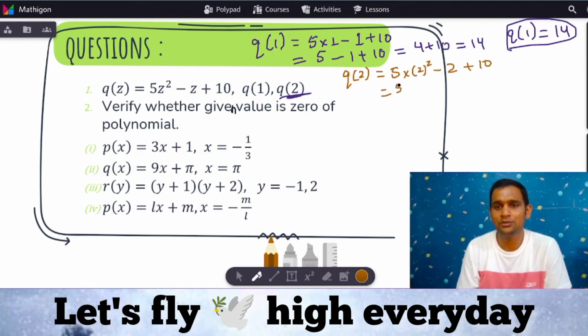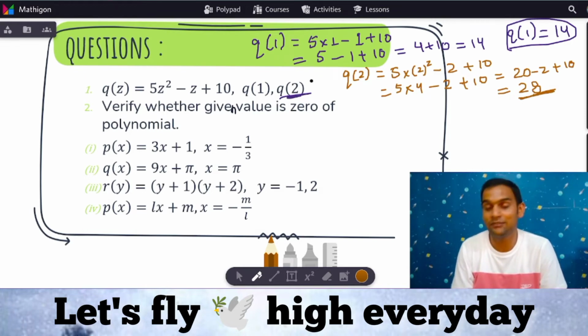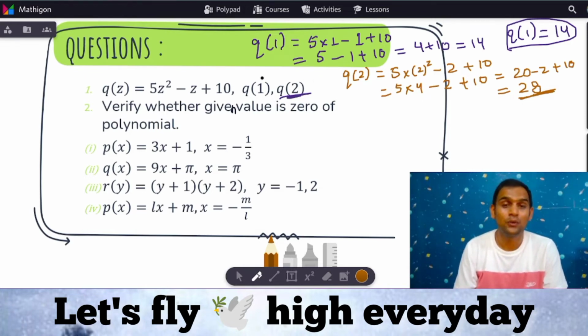So 5 times 2 square is 4, minus 2 plus 10. That gets us to 5 4s are 20, minus 2 plus 10. Obviously 20 minus 2 is 18, plus 10, 28. So even q of 2 is not giving us the value of 0. We found q of 1 is 14 and q of 2 is 28, but we are not able to find the zeros of the polynomial.